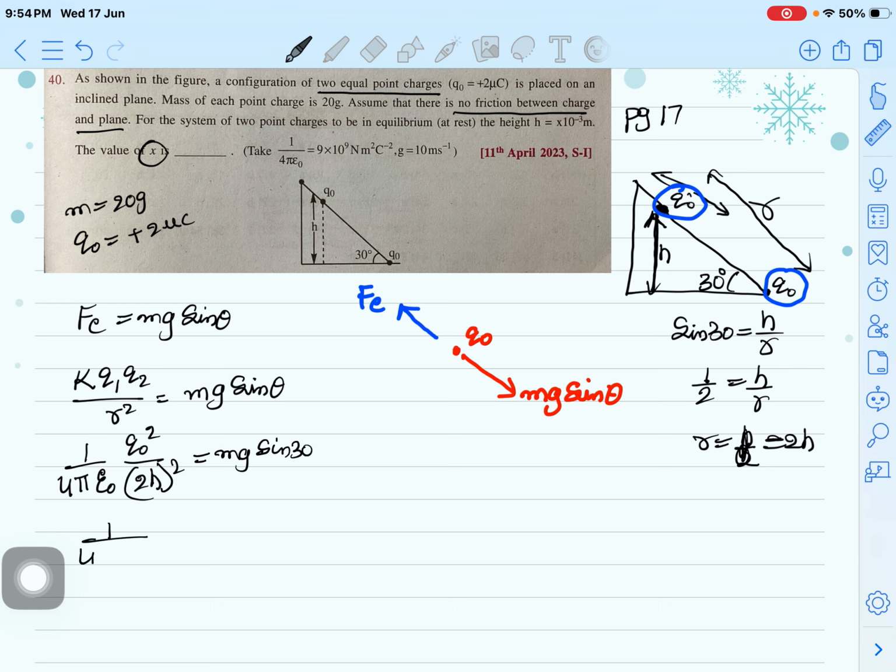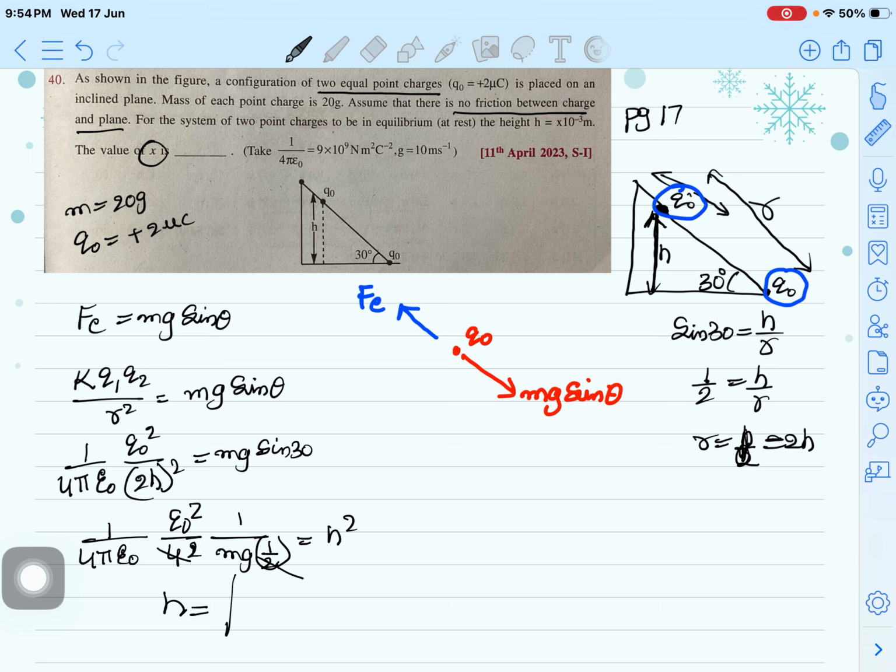It becomes 1 by 4 pi epsilon naught Q naught square by 4, divided by mg sin 30, which is 1 by 2, equal to h square. The 2 gets cancelled, and 2 into 4 is 8. So h is the square root of Q naught square by 8 pi epsilon naught mg.